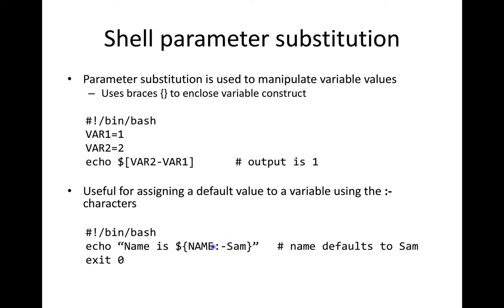So that's what this syntax is signifying. It's saying that this value sam is a default value for this variable. Very, very common for us to use this sort of default parameter substitution within our shell scripts.